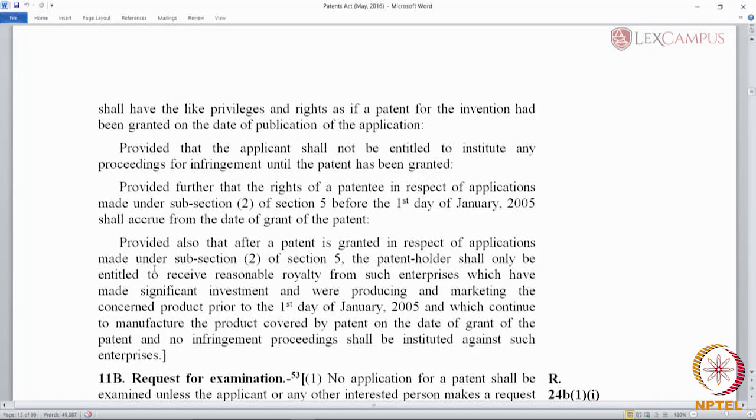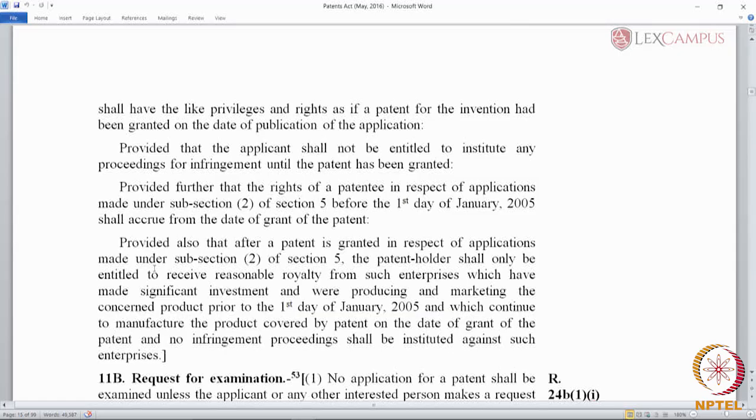Now, this provision allowed pharmaceutical companies to file patent applications seeking product patents for pharmaceuticals between 1999, when the provision came into force, and 2005, with the hope that it will be examined post 2005.